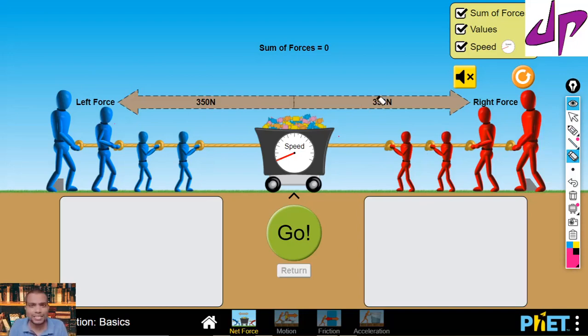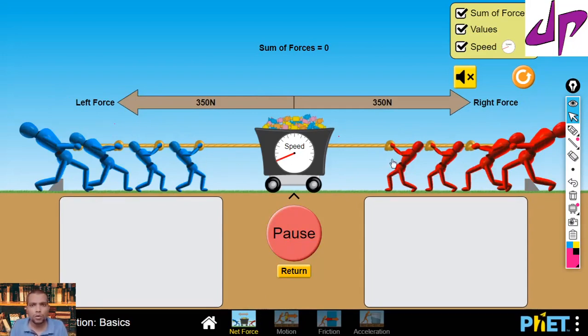Now what is the resultant force? If both are applying the same force in opposite directions, there will be no resultant force. If I hit go, both teams are applying force.